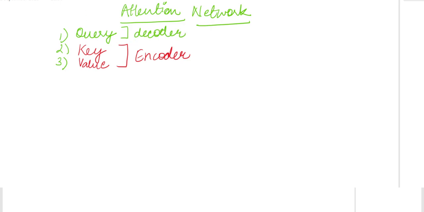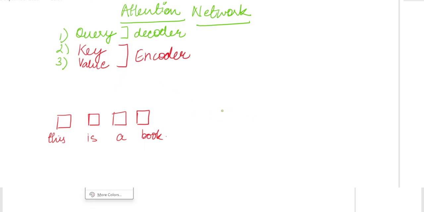How attention specifically works: let's say I have a sentence, "This is a book". This is my first word. What I want to do is generate the output, which is यह एक किताब है in Hindi.